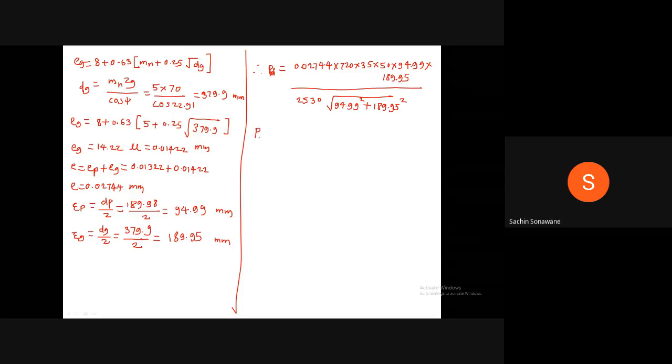Therefore, calculate dynamic load in Newton.